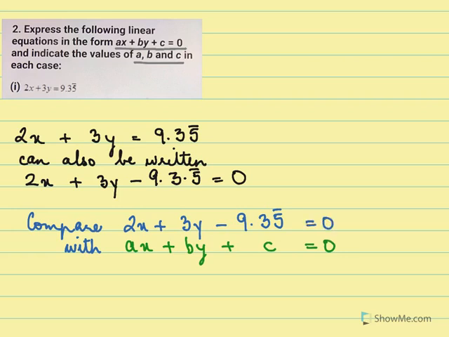And on comparing we see that A must be equal to 2, then the B must be equal to 3 and the C must be equal to minus 9.35 bar.